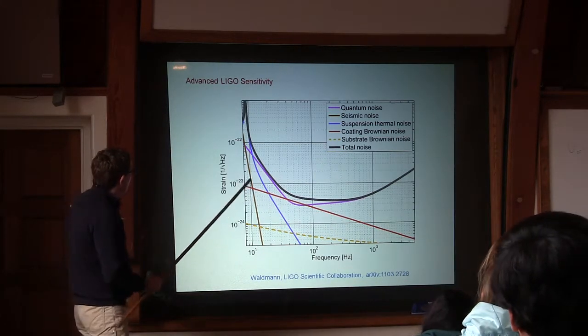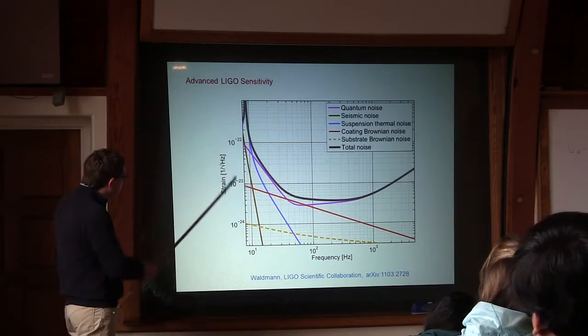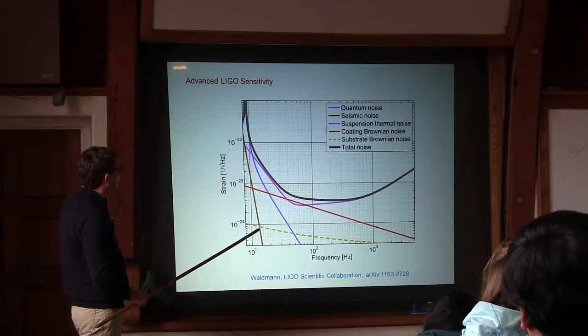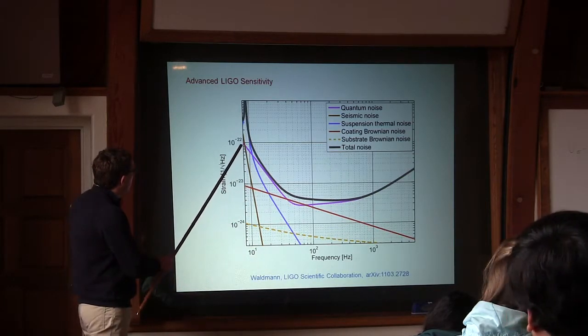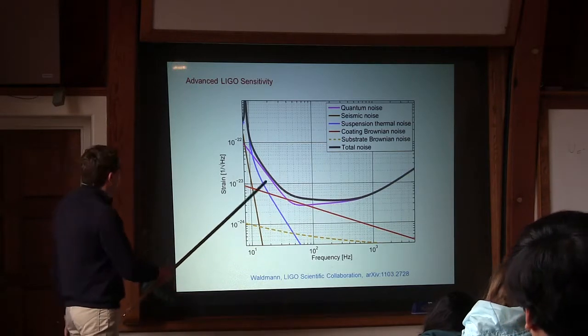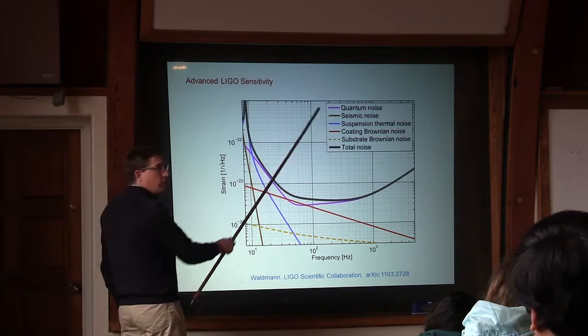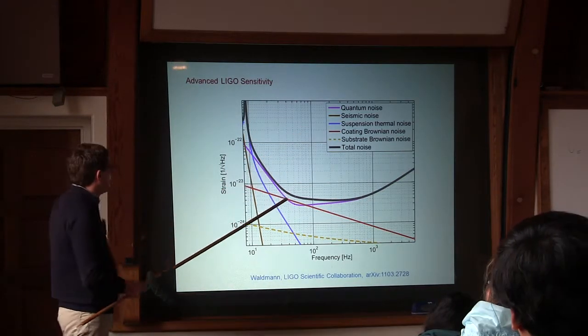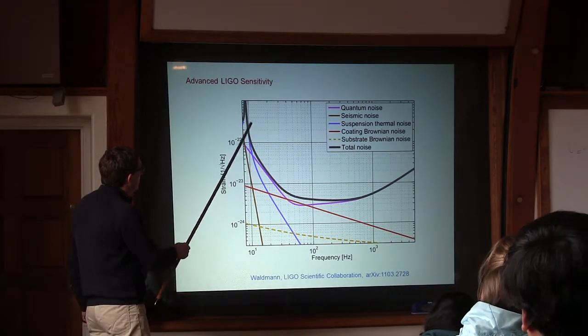So that is the sensitivity curve versus frequency. I don't want to go into detail on all the lines here, but note that the violet curve here is quantum noise. So that means we reach the standard quantum limit at these frequencies.